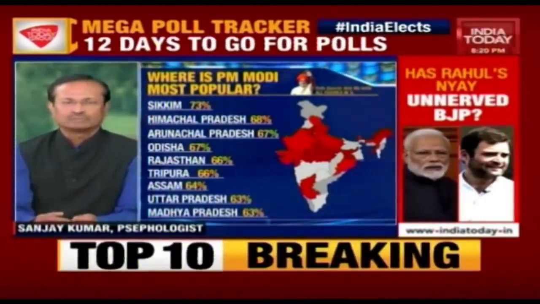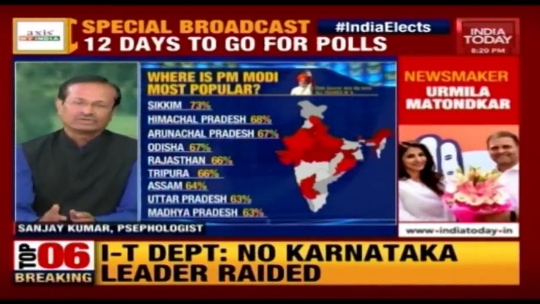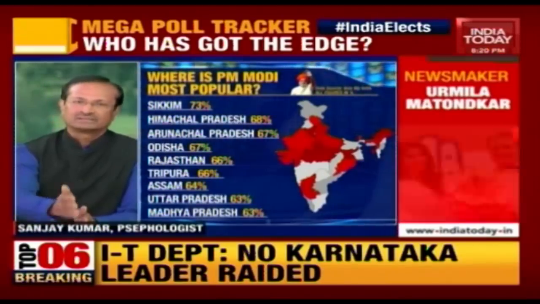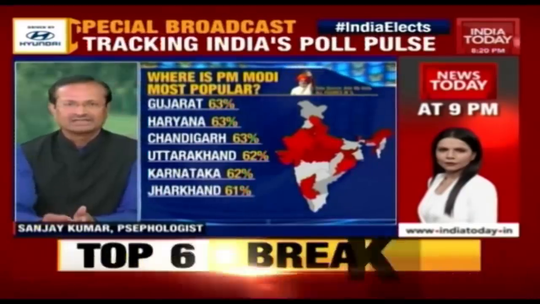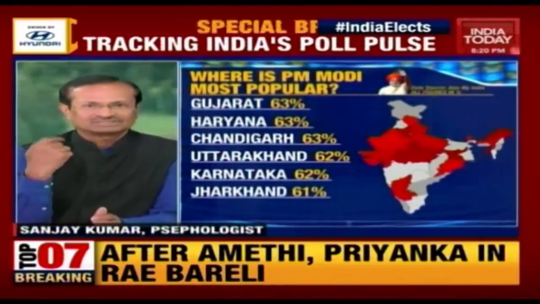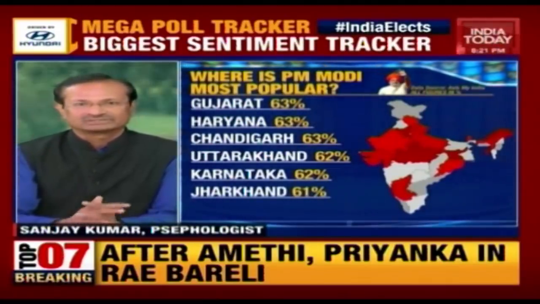You can see Modi's popularity will help BJP increase its tally in Orissa. When they are voting for the state assembly election, they might go in a big way with the ruling party in the state. But when it comes to voting for the Lok Sabha election, they would keep this in mind. I think that is going to loom very large on voters' minds to vote for Modi as the Prime Minister.